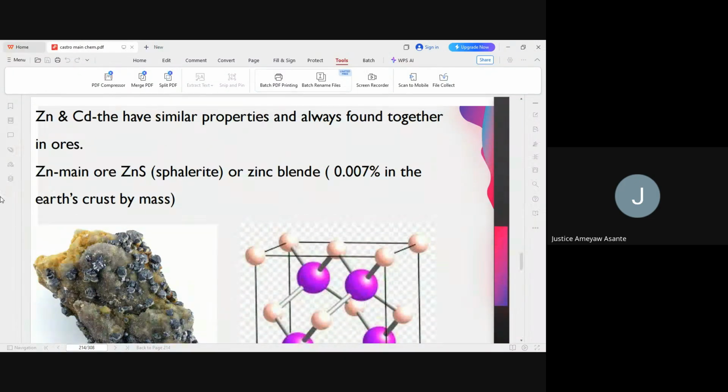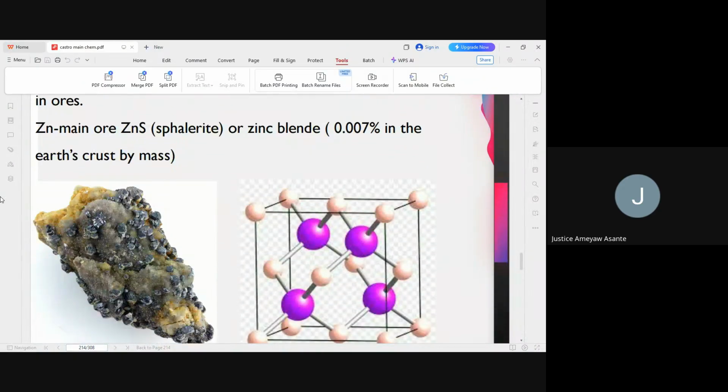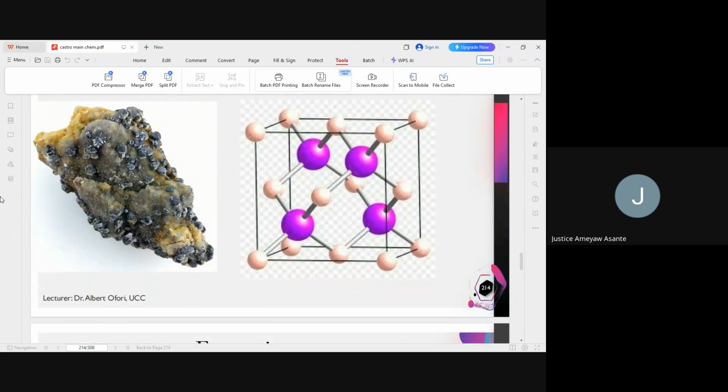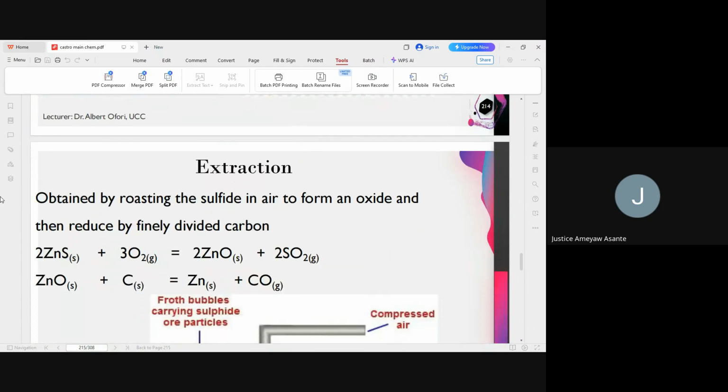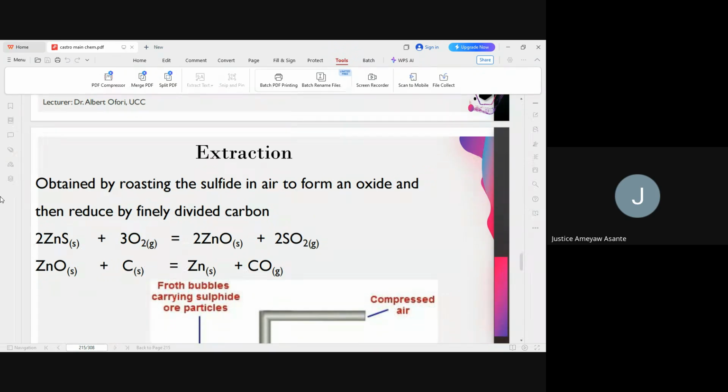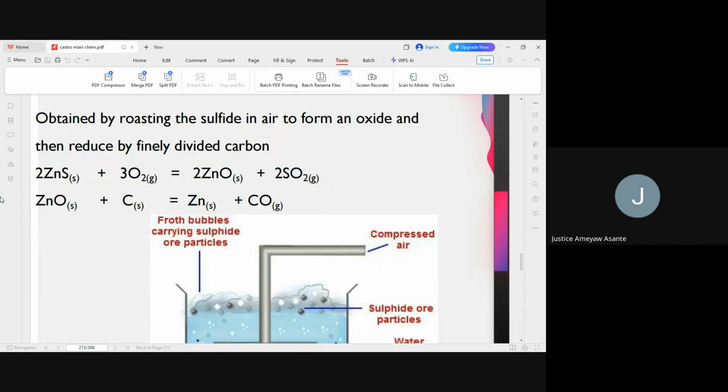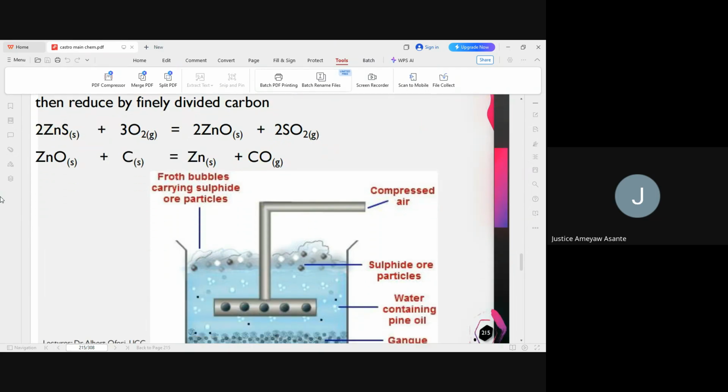So zinc blende is zinc sulfide, what we call sphalerite or zinc blende. And now the structure is like this. How do we extract it? This is obtained by roasting sulfide in air to form oxide. So we have zinc sulfide. When roasted in air, you get zinc oxide.